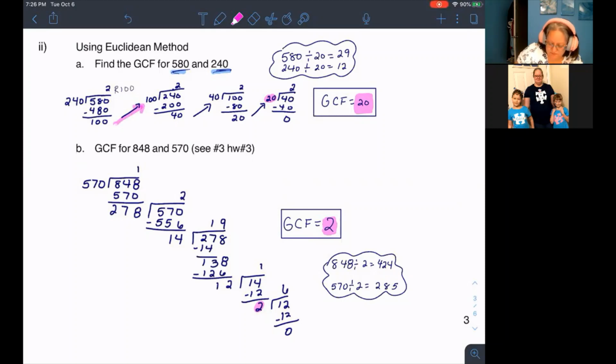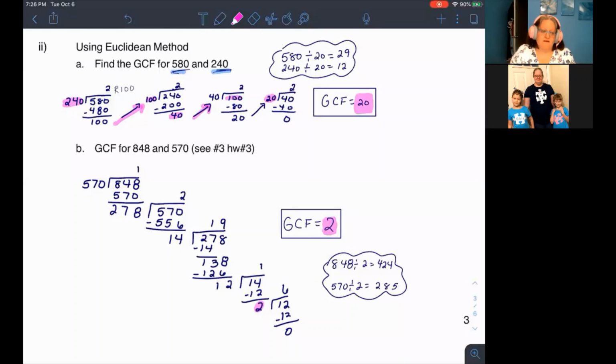And then we divide 100 into the previous divisor, the 240. So now we have 100 into 240, and that gives us 2 with a remainder of 40. So now we're going to take that 40, because we still have a remainder, and bring it up to the new divisor. And then we're bringing over the 100, the previous divisor, and it's now the dividend.